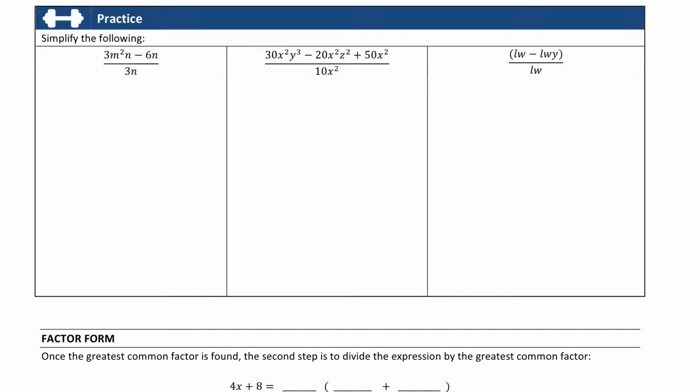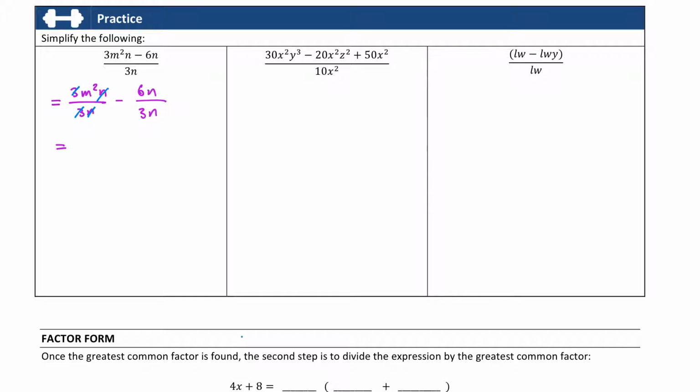Okay, for the first example that we have here, I'm going to divide it into pieces. So I'm going to do 3m squared n divided by 3n minus 6n divided by 3n. And once I have this, I can start to simplify. 3 divided by 3 is 1. m squared is not being divided by anything, so I have to keep it.